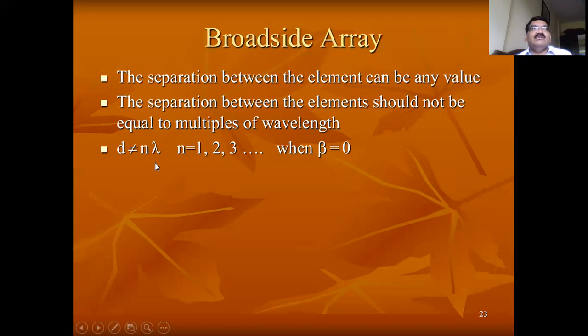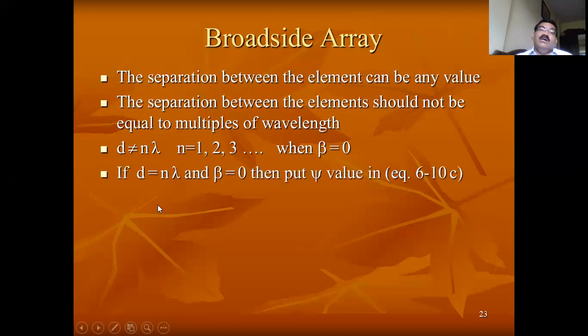Suppose your wavelength is maybe 13 point something centimeters, which comes to approximately 866 megahertz. Whatever your wavelength is, the separation d should not be a multiple of your wavelength when beta equals 0.